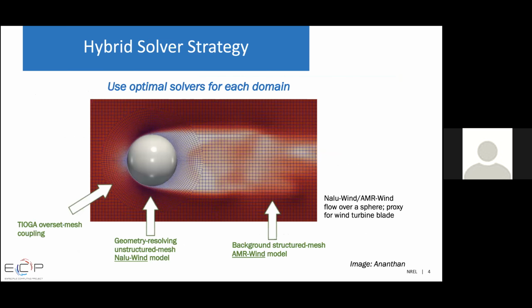So what we're trying to do with naluwind and AMR wind is to couple them together so that naluwind is really going to be doing the turbine. And this is a simple example of us modeling a sphere with naluwind. So you can see the unstructured grid around the sphere here is actually naluwind.